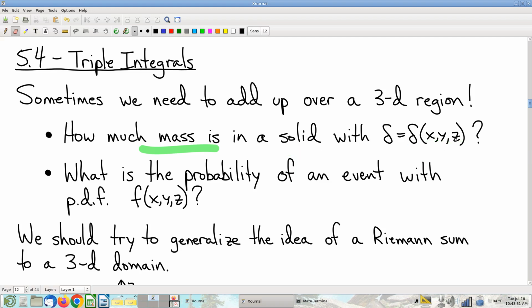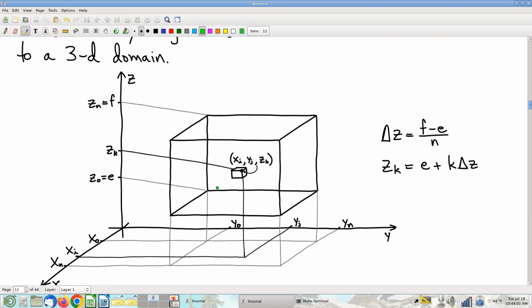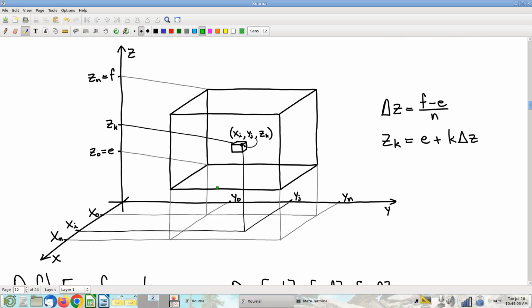And in other examples, if you've ever had a stat class, probability is computed with integrals, and if you have a three-dimensional random variable, your probability density function is a function of three variables. If you haven't taken a stat class and don't know what I'm talking about, that's fine. But the way you compute probability would be to do an integral of this three-dimensional PDF, they call it. But to be able to do any of that, we have to start talking about chopping up a three-dimensional solid.